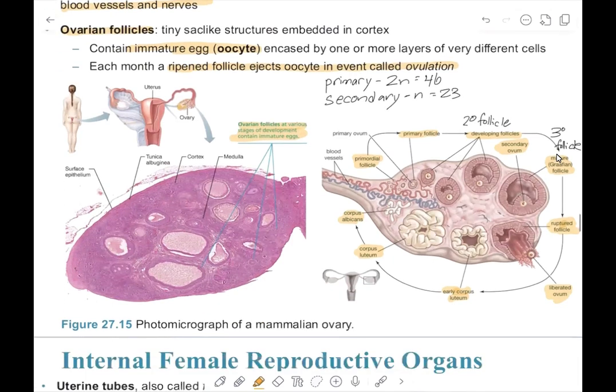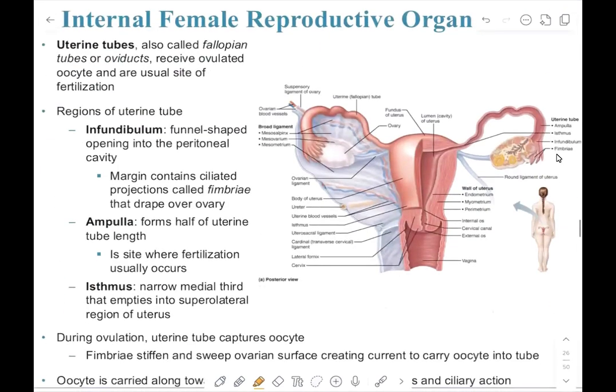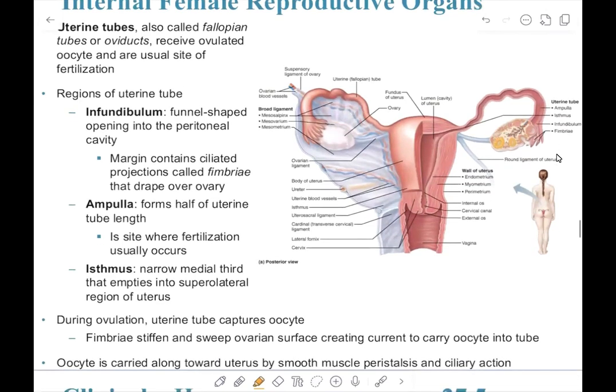Our next slide is showing the internal female reproductive organs, some of which we've already talked about. So the uterine tubes are also called the fallopian tubes or oviducts, but they receive the ovulated oocyte and are the usual site for fertilization. So the regions of the uterine tube are the infundibulum, and the infundibulum is closest to the ovary.